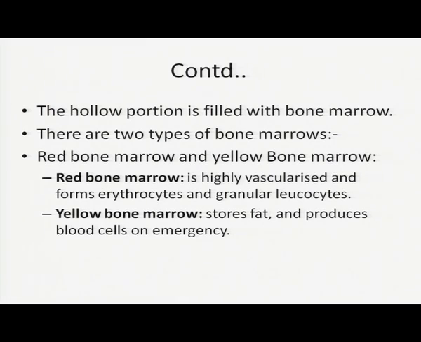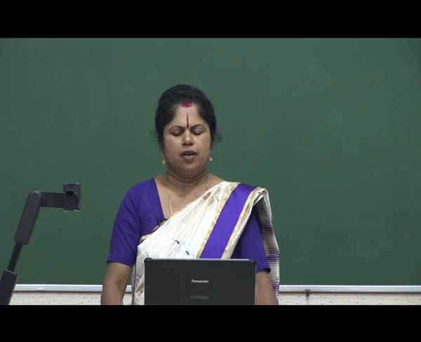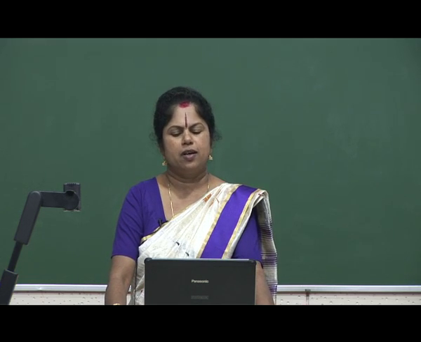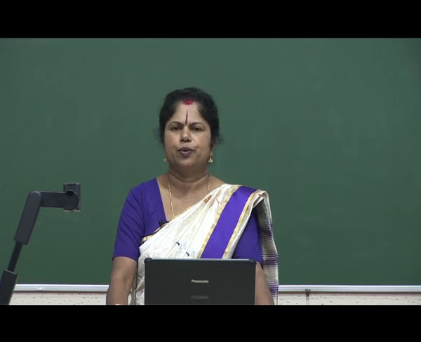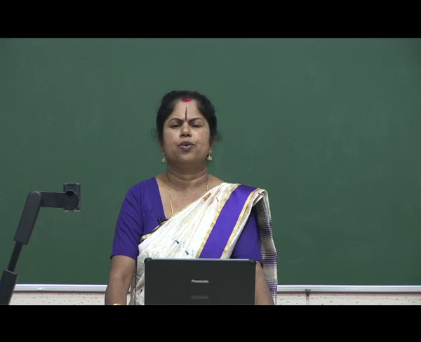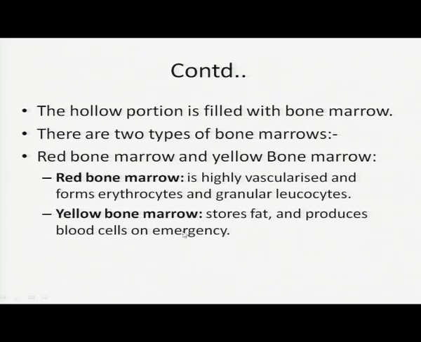Formation of blood cells is hemopoiesis, formation of RBC is erythropoiesis. So, they help in the formation of erythrocytes as well as leukocytes. Now, the yellow bone marrow is mainly meant for the storage of fat and produces blood cells only during emergency situations.